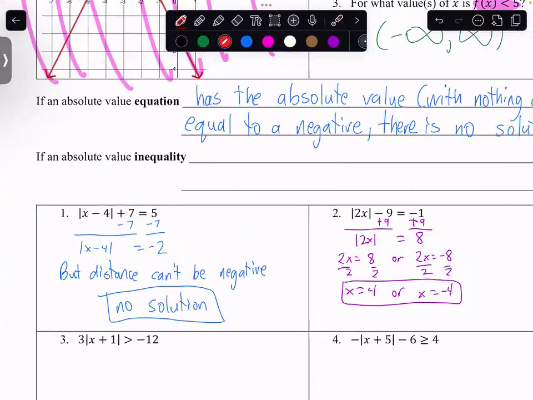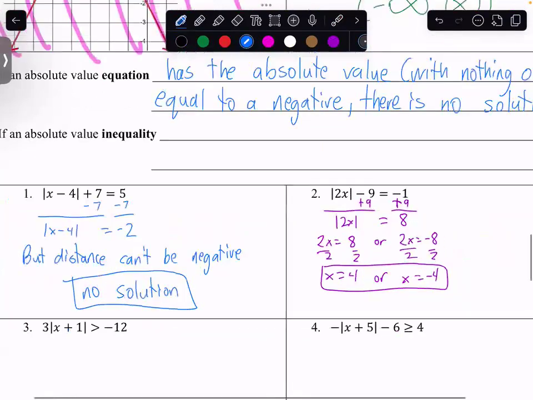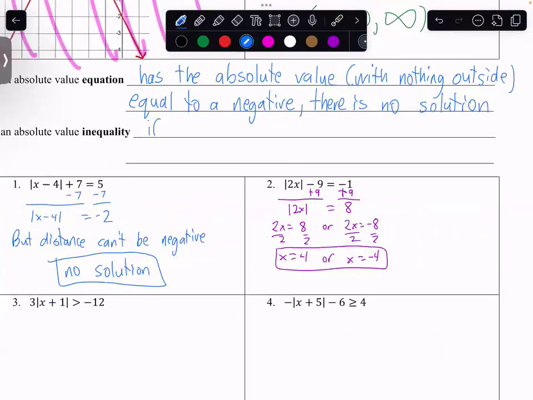So lastly, what if you have an absolute value inequality? Okay, so same start, right?